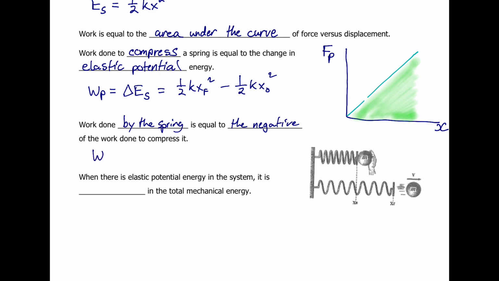So the work done by the spring is equal to negative the work done by the push on the spring, right? That's just Newton's third law, in and out. And that's our conservation of energy. Remember, work is energy. So the in work has to equal the out work. That's always true. And then this would be negative the change in elastic energy.